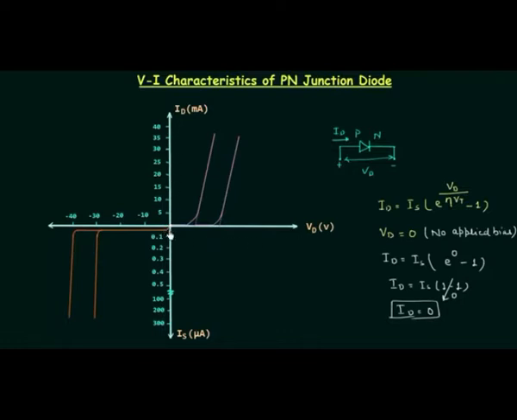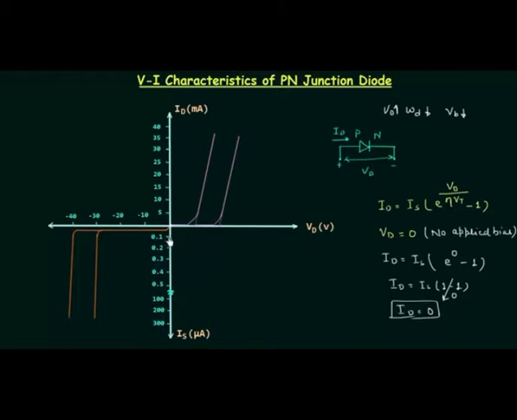Now we will increase VD in the positive direction, not in the negative direction, and we can say that the diode is forward biased. On increasing VD, the width of the depletion layer decreases and the barrier potential also decreases, but still the diode current is equal to 0 because the barrier potential is strong enough to prevent electrons crossing the junction.